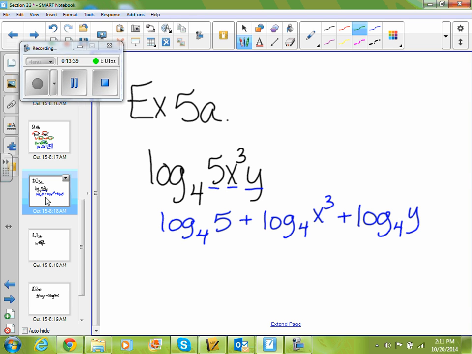And so then the only other thing we can do, the book has you leave it like that, but let's actually evaluate what a log base 4 of 5 is. So if you go into your calculator and go under your math tool, and then push up to where you're actually going to get to the bottom of the list, you should see log base B or something, I think.